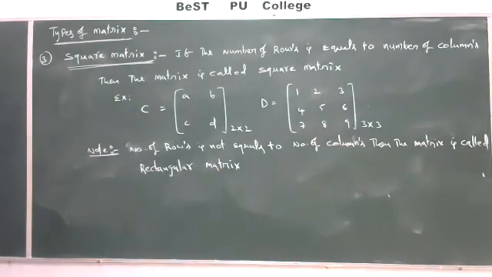Number of rows is not equal to number of columns, then the matrix is called rectangular matrix.